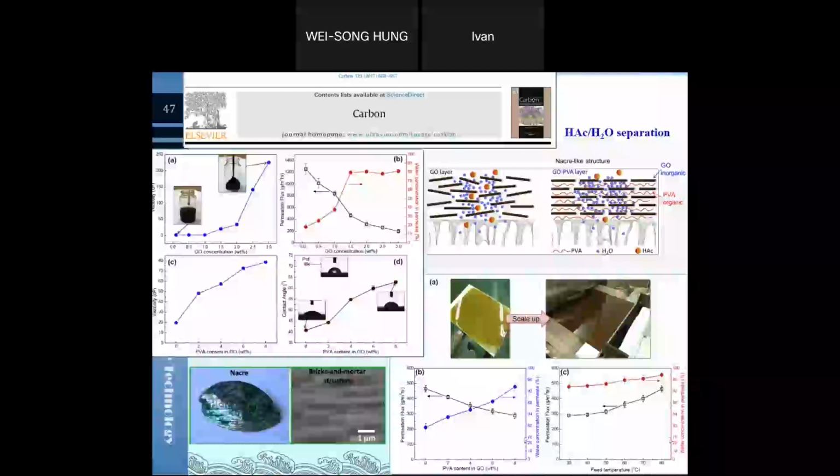So we prepared the graphene membrane based on the graphene chitosan experience. We use the graphene and the PVDF to prepare the membranes, which has a nickel structure, and this structure is stable for acetic acid separations.